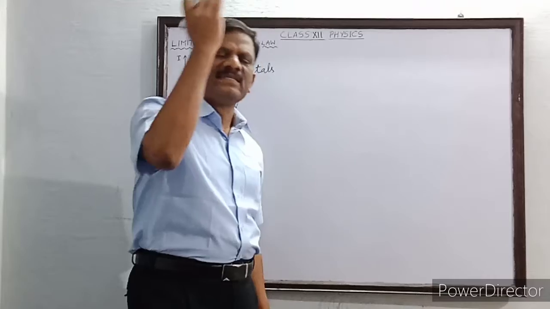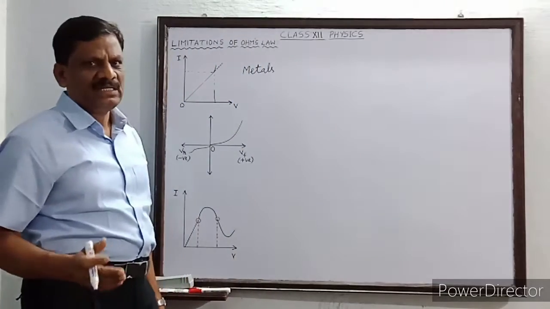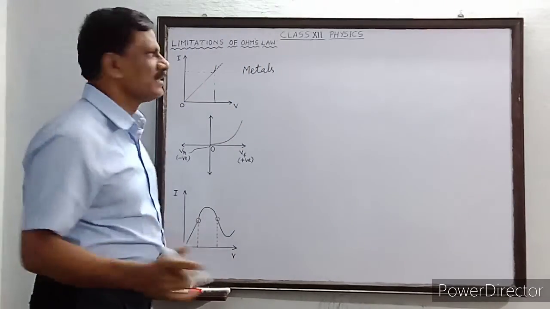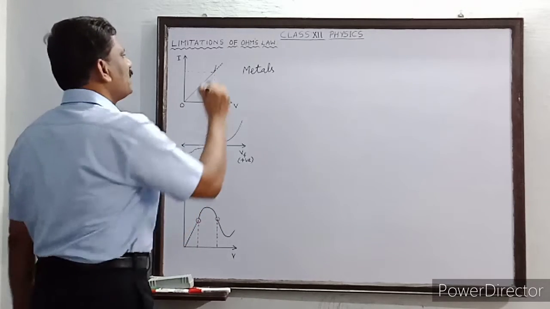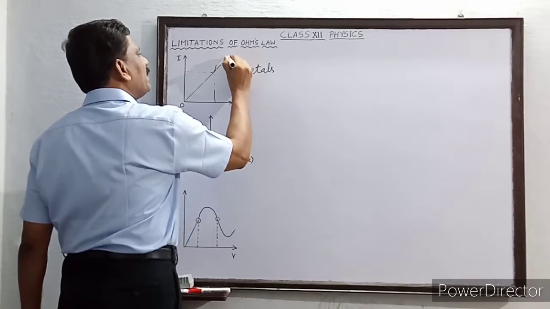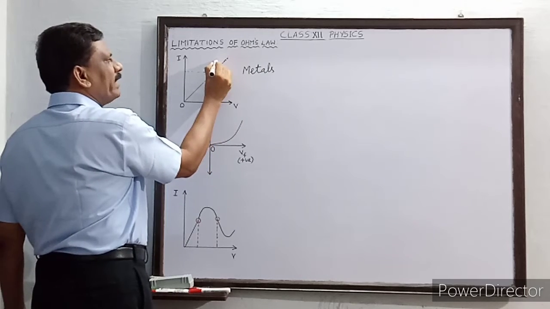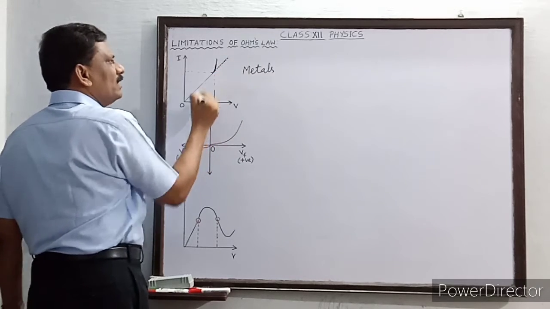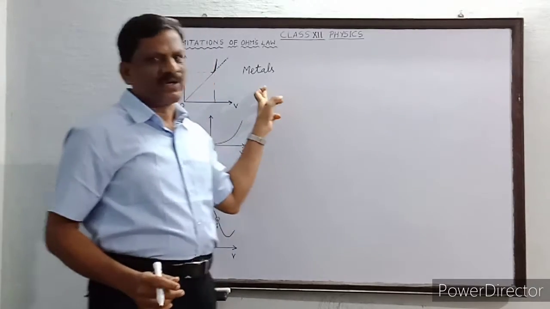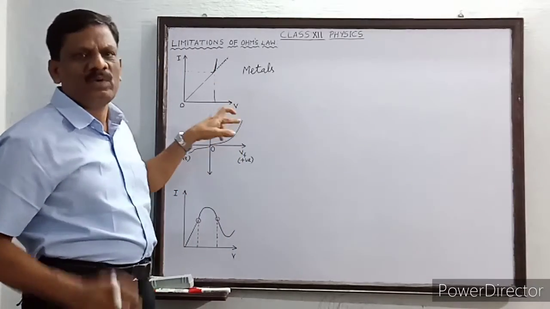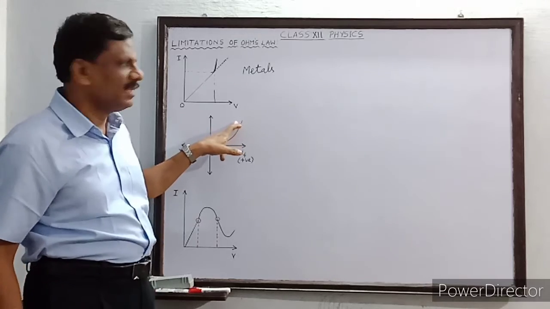But as the voltage goes beyond a certain limit, at extremely high voltages, you can see that the curve is deviating from its straight line path. So this is the actual straight line path and this is the portion where it is deviating. This will happen only at very high voltages.